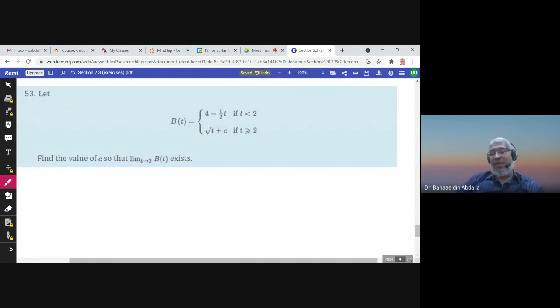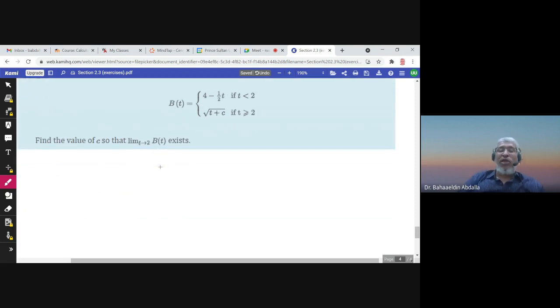Find c so that the limit of this function when t approaches 2 exists. Well, the limit will exist if the limit of b of t when t approaches 2 from the right equals the limit of b of t when t approaches 2 from the left.